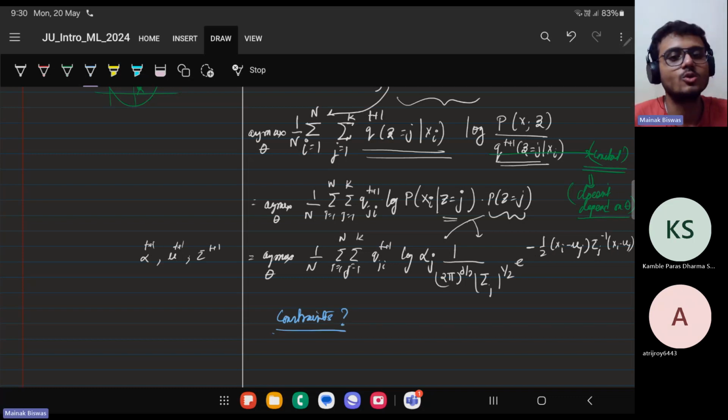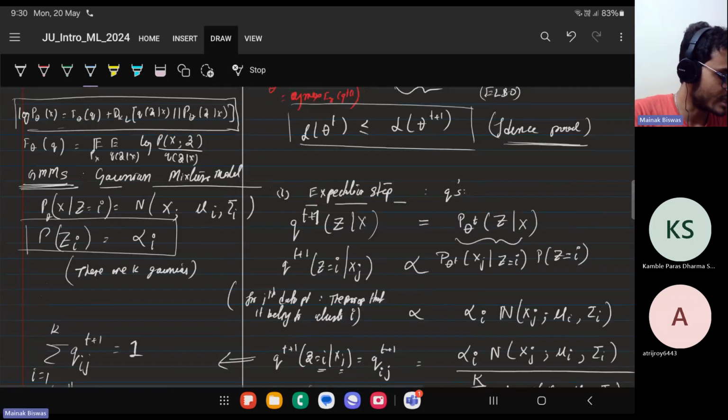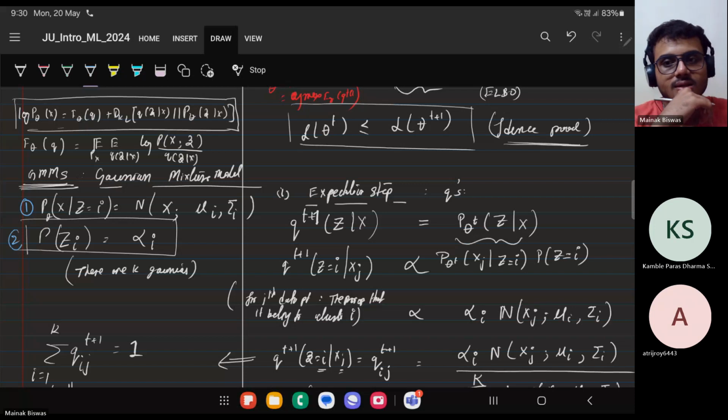Any constraints you want to worry about? I'll just go to the definition once again. These are the two definitions. Any constraint?